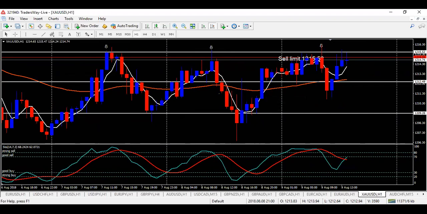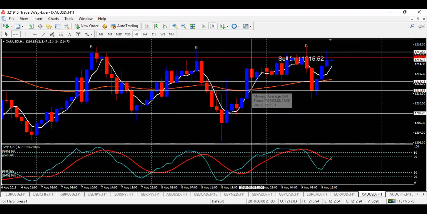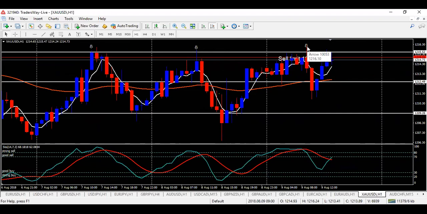Are you guys following me? So right here, when the 4 and the 50 crossed, if you would have placed a buy as soon as you see them cross, you would have got how many pips here? 45 pips. So pay attention to the 4 and the 50 moving average.